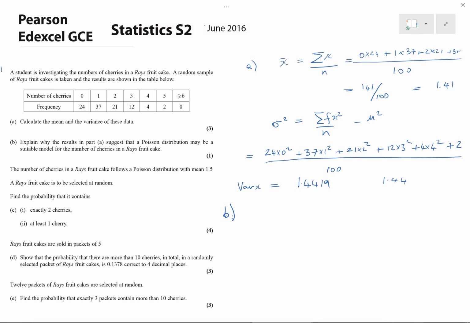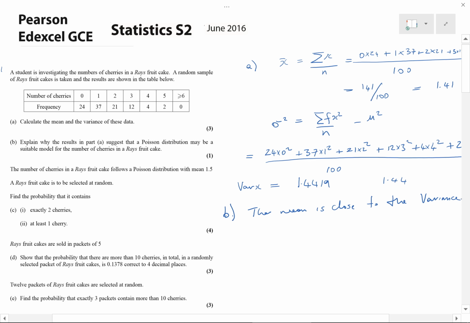Poisson is a good model if the mean and variance are the same, and they are approximately the same here. So we can just say the mean is close to the variance. That in itself is enough to suggest a Poisson is a good model.